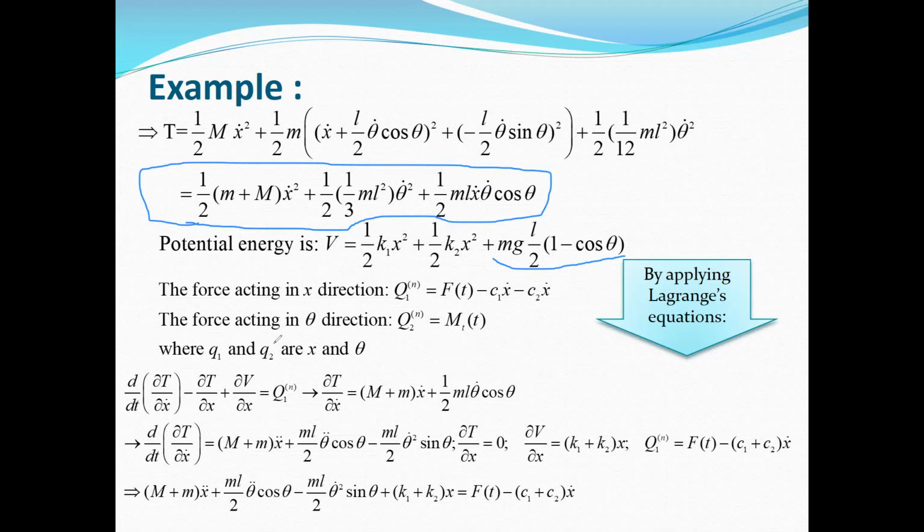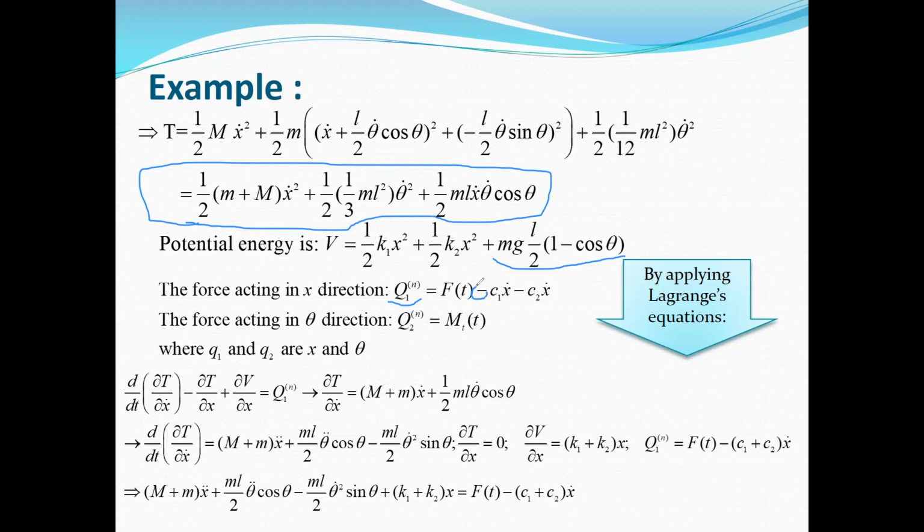And now we need to calculate Q1 and Q2 because we have a system with 2 degrees of freedom. We will have Q1 and Q2. Q1 is Ft times minus C1 x dot minus C2 x dot. Q1, you know, that is in fact the force acting in x direction.